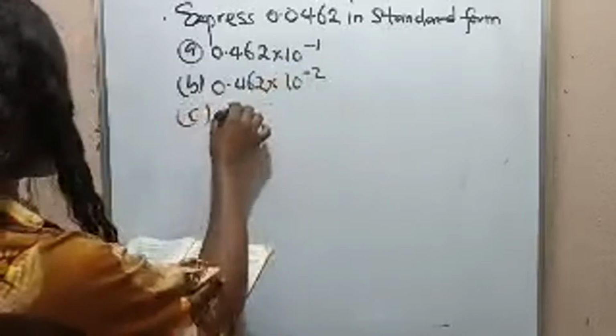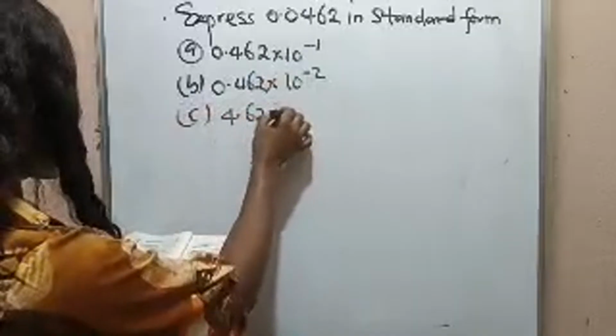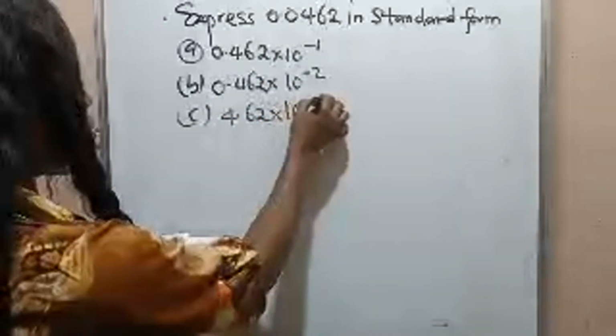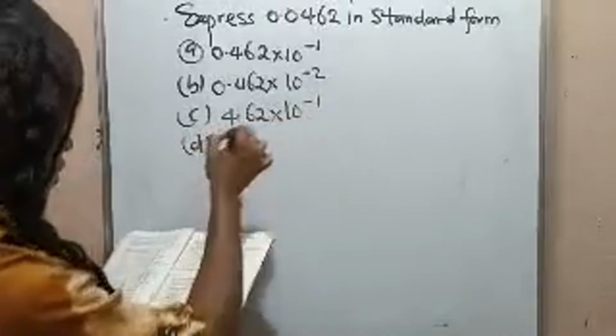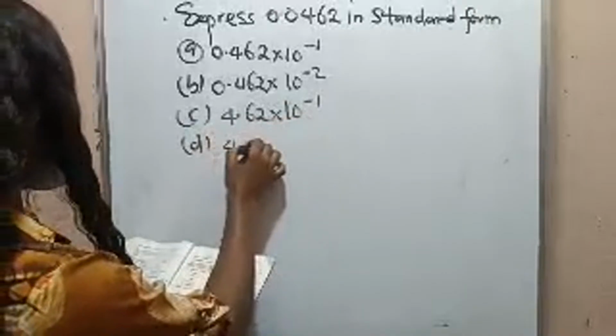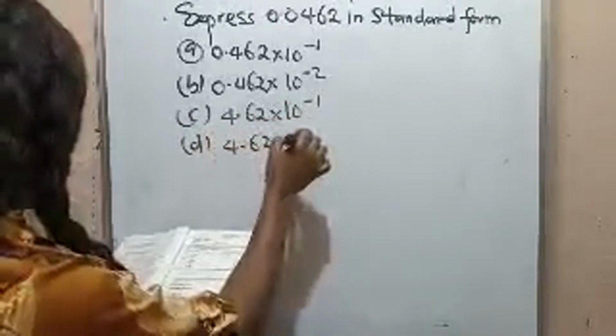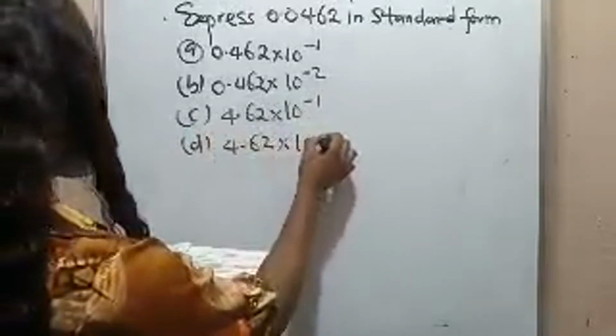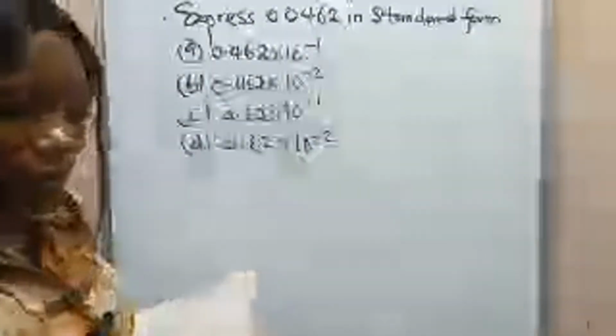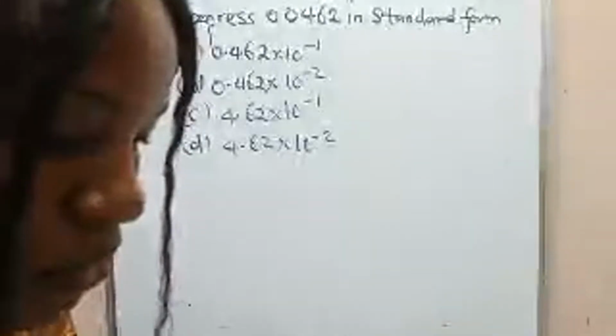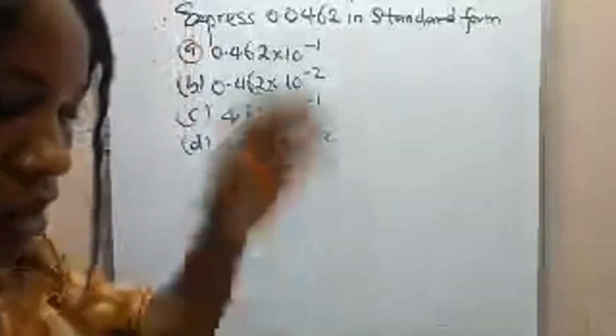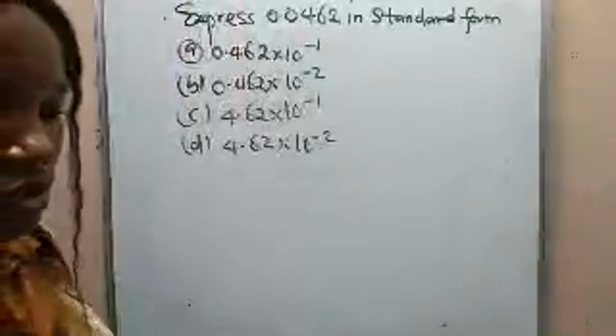Option C, 4.62 times 10 to the power of minus 1. Option D, 4.62 times 10 to the power of minus 2. Now, these are the options given to us.